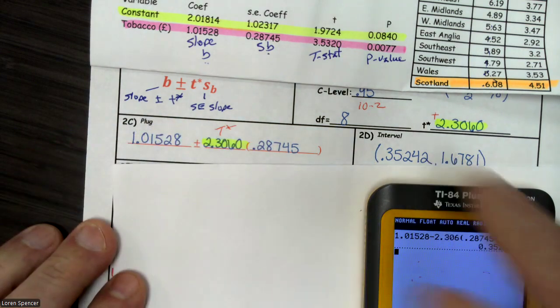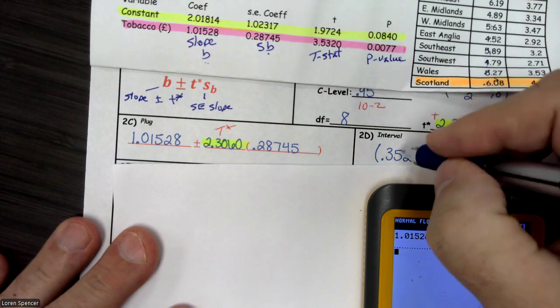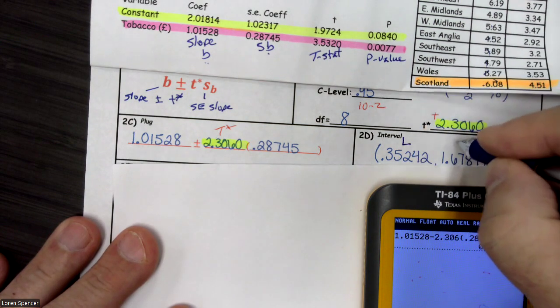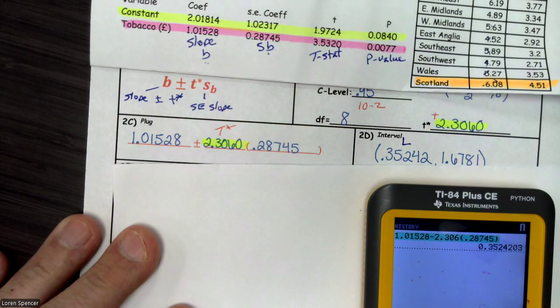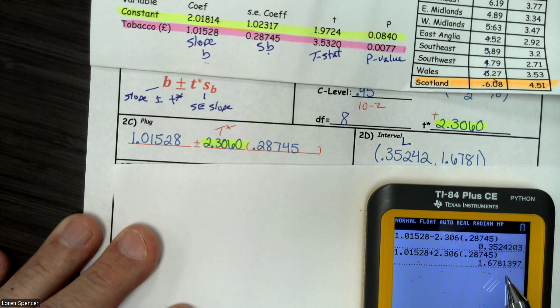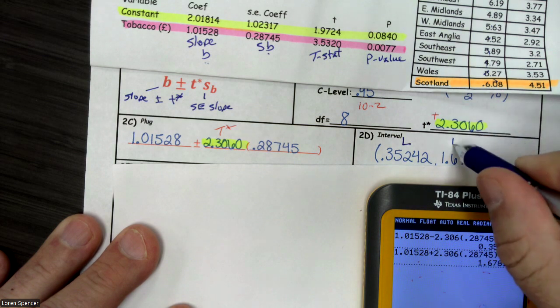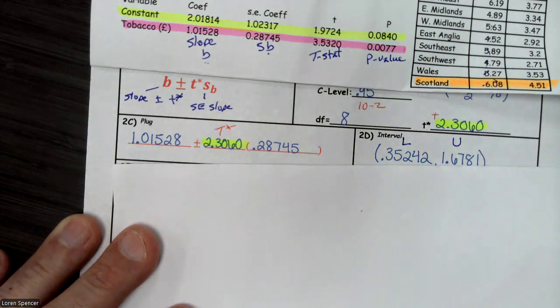All right, so that gives me the lower bound. Now I'm going to calculate the upper bound. All I'm going to do is take this and change that minus sign to a plus. And then there's the 1.6781. So that gives me my lower and my upper bound.